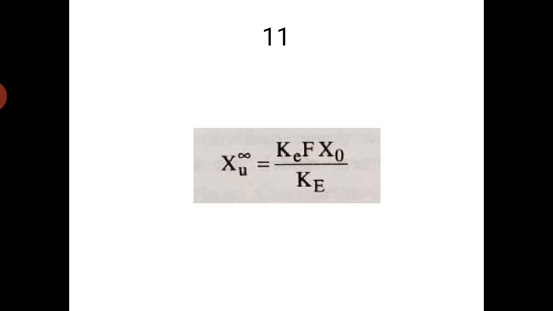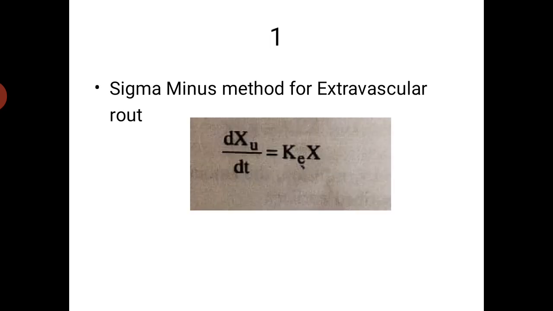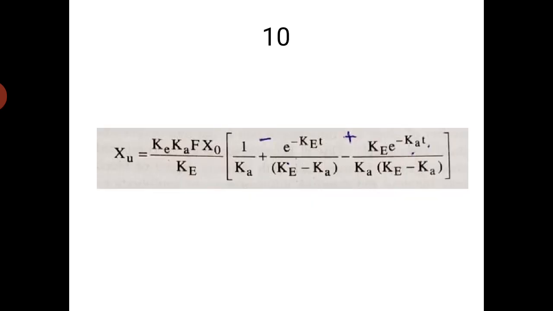Let us look once again into the sigma minus method for extravascular. So this is the general equation. Instead of x, now we are substituting the value of x for an extravascular administration and you integrate it. After integration you will get this equation.